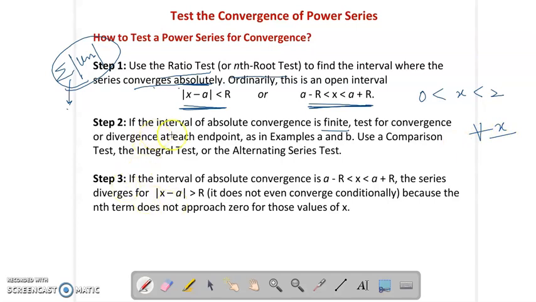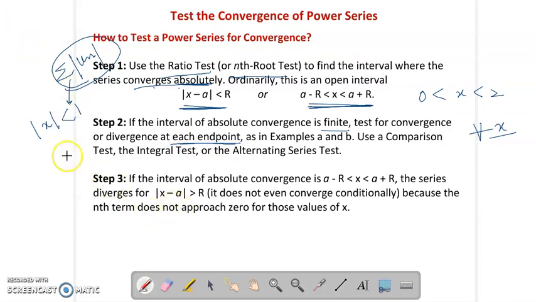So we say that if the interval is finite, in that case we test for convergence or divergence at the endpoints, right? Like we said that the geometric series turns out to be absolutely convergent for mod of x less than 1.